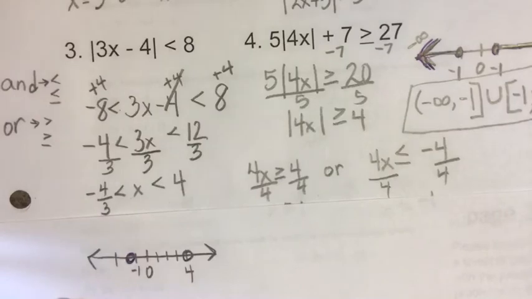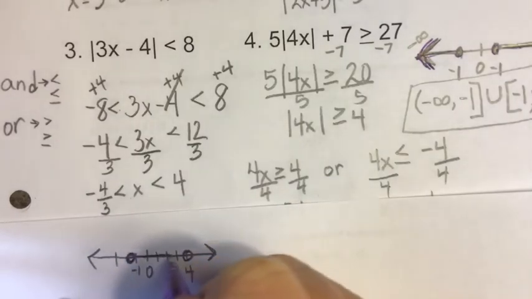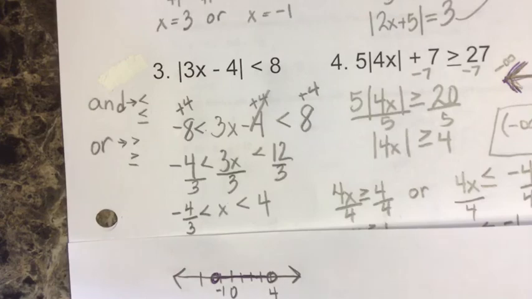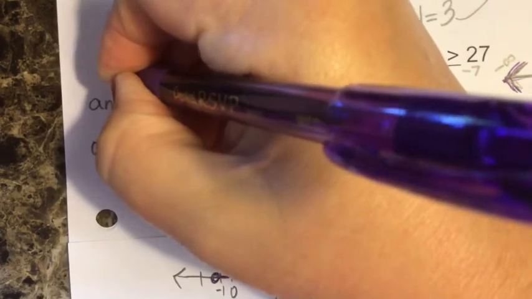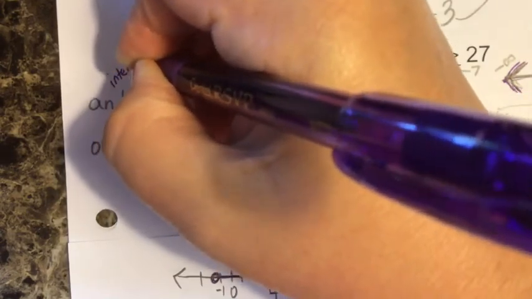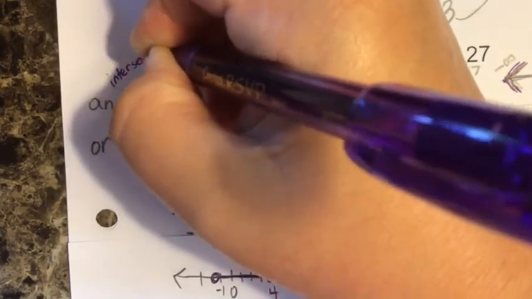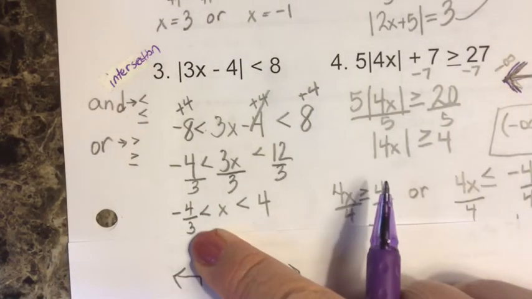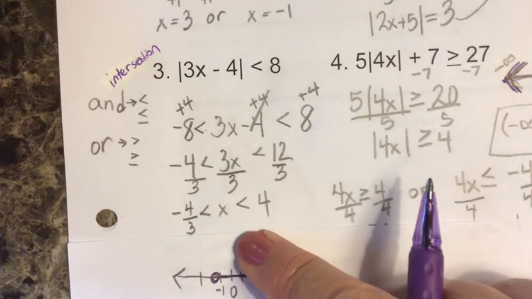And for the shading for and, it's always together. When you are graphing an and, it is the intersection of these two inequalities of x is greater than negative 4/3 and x is less than 4.